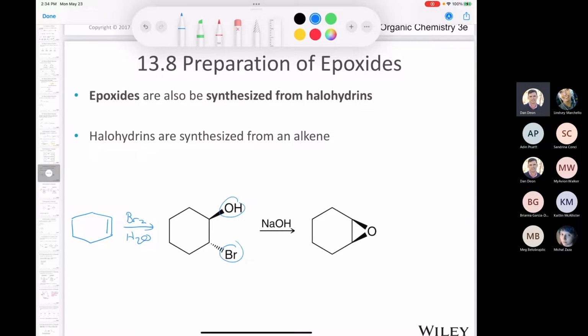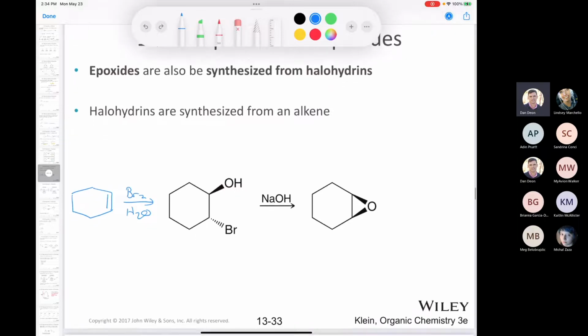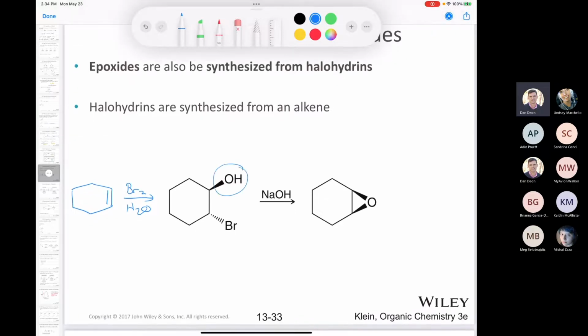Well, if you take that halohydrin and treat it with sodium hydroxide, you end up forming an epoxide. What's cool about that is that you have to have the hydroxyl pointing up and the bromo pointing down in order for this chemistry to work.